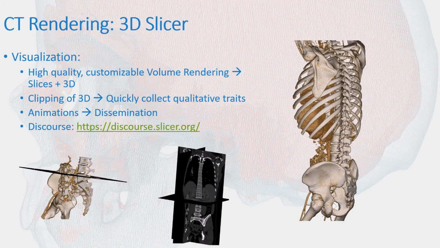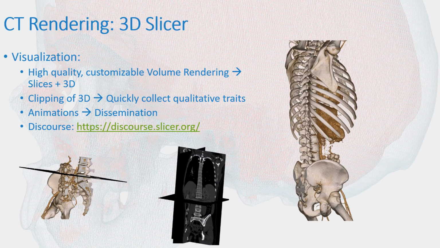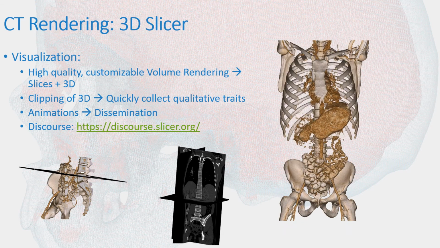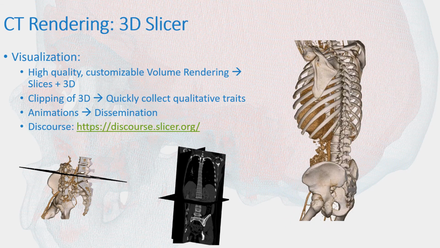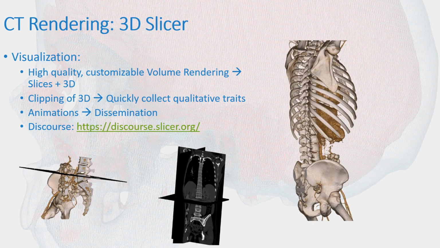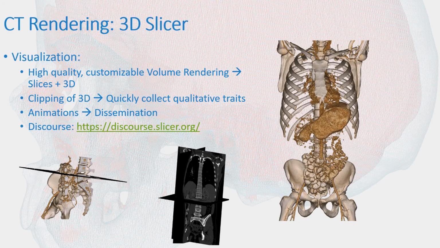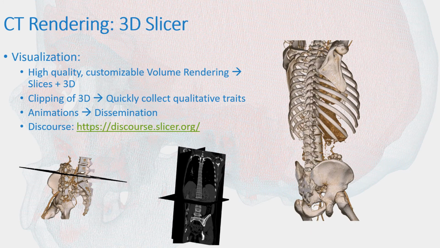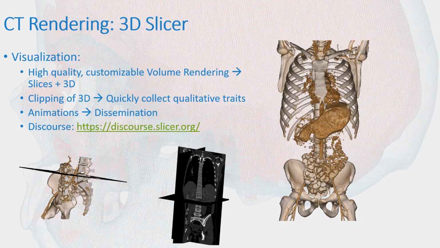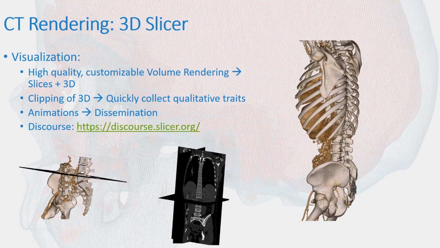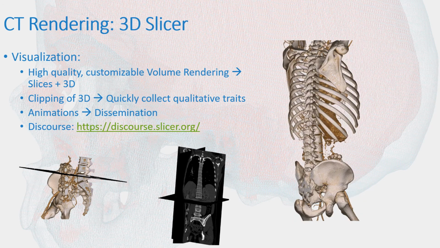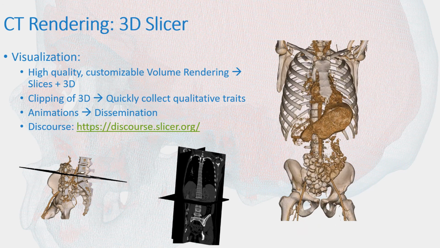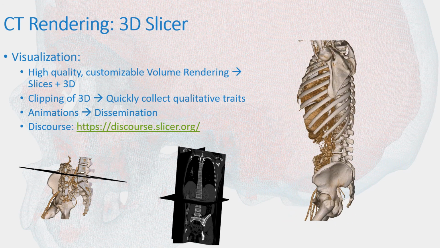3D Slicer's large user and developer community has led to many advanced features that support high-quality volume rendering and segmentation of CT and microCT images and computational analyses of 3D models. With the volume rendering module of 3D Slicer, a 3D visualization of a CT or microCT data volume can be quickly viewed and customized.